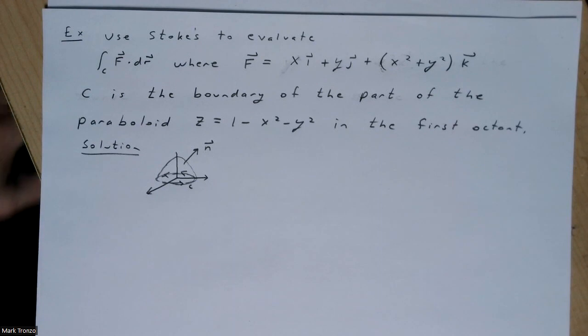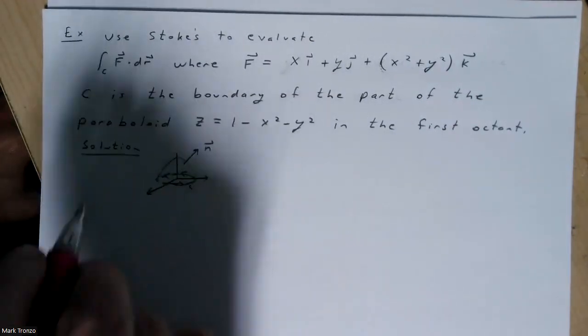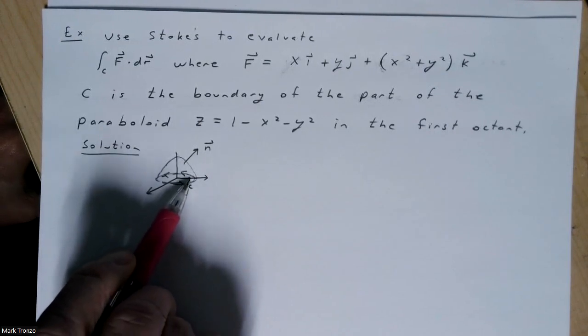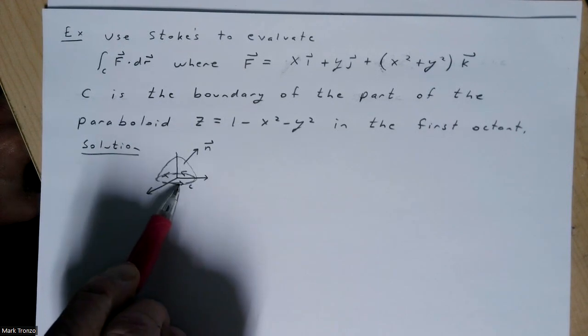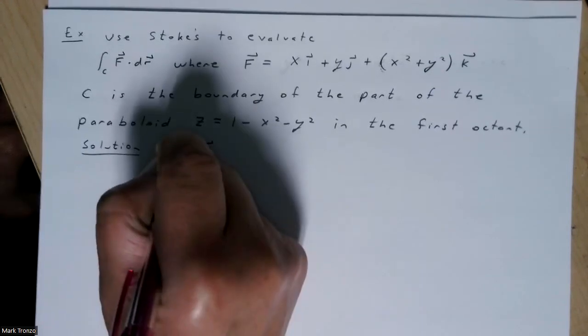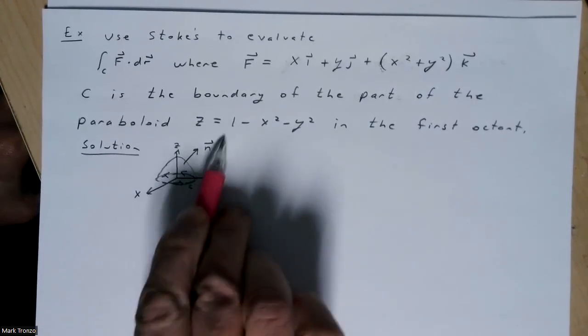Also, a little bit later when we think of the domain, because we're going to end up with a surface integral, we're going to need our domain. This intersects the xy plane where z equals 0, of course.